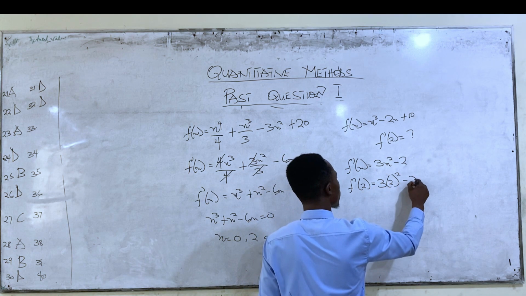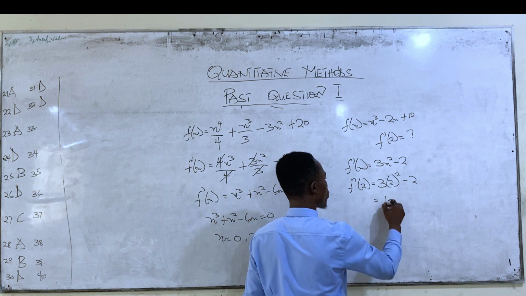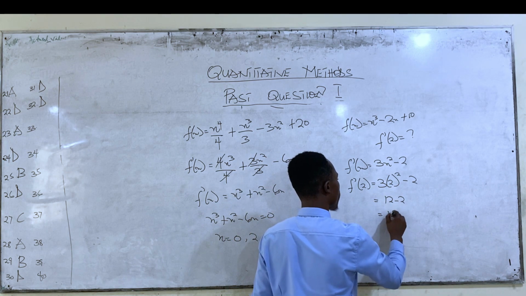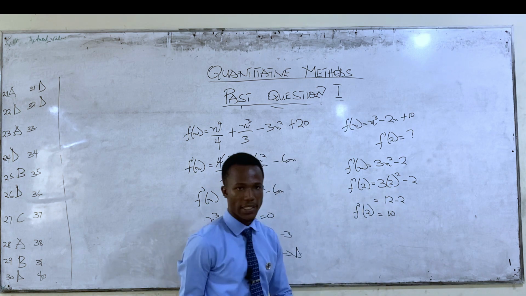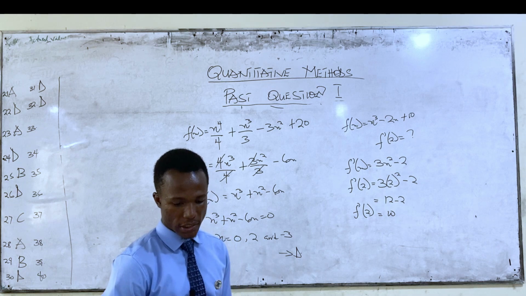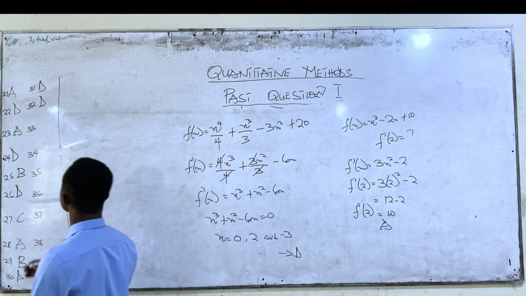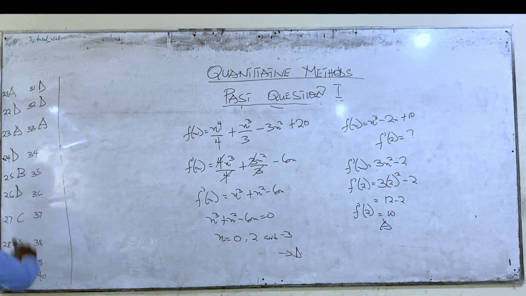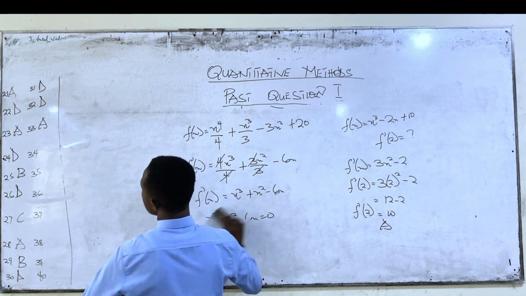So you have 3 times 2 squared, which is 4, you have 12 minus 2, you have 10. So f prime of 2 is equal to 10. And that is option A. So now let's look at question number 34.